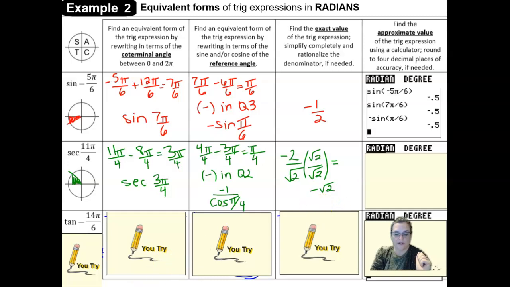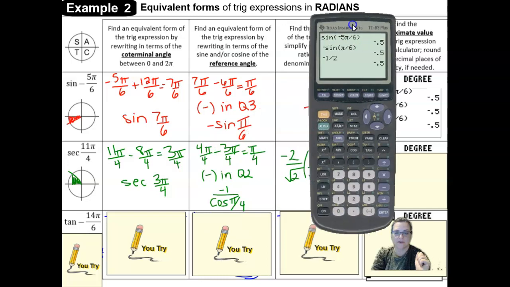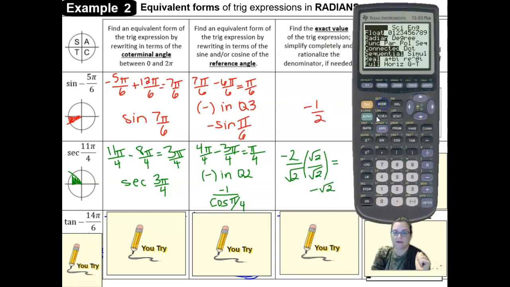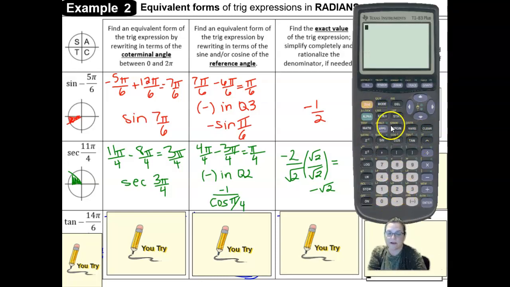So now we're going to check that answer in the calculator, making sure that we're still in radian mode, which we are. And secant doesn't have a button on the calculator, so we'll have to enter it as the reciprocal identity 1 over cosine. And our angle was 11 pi over 4.